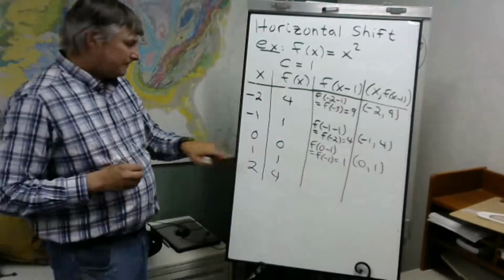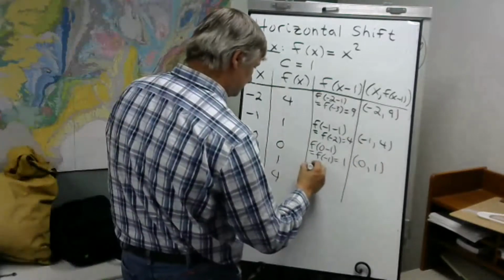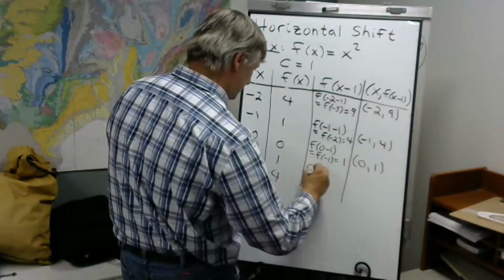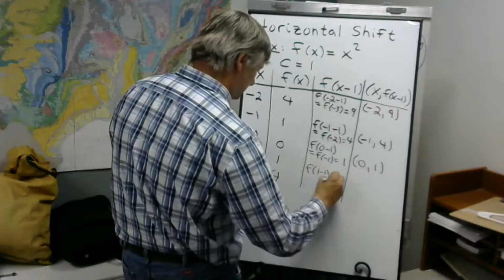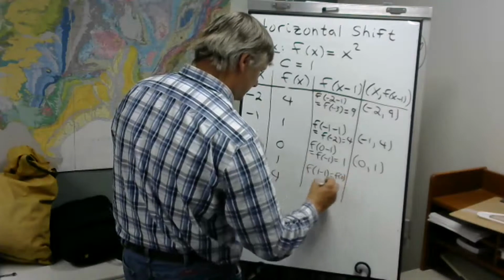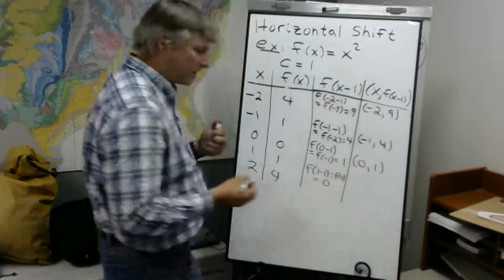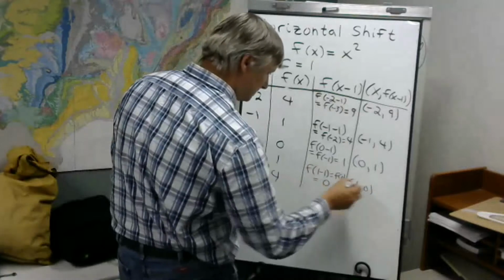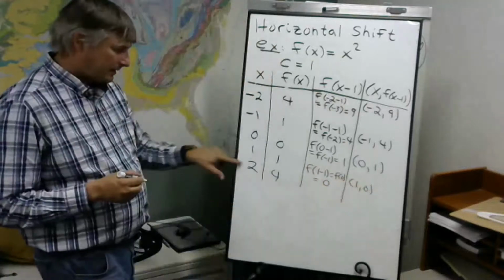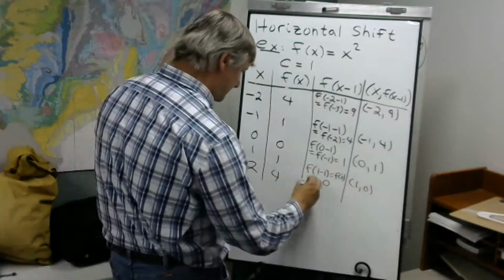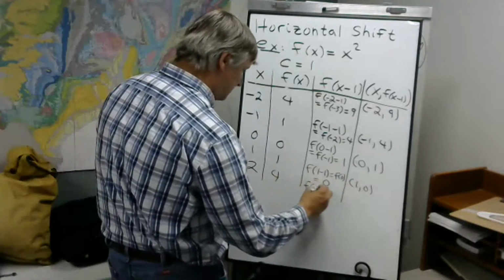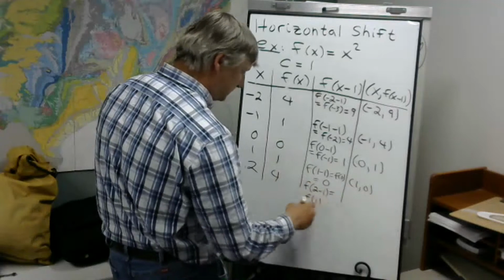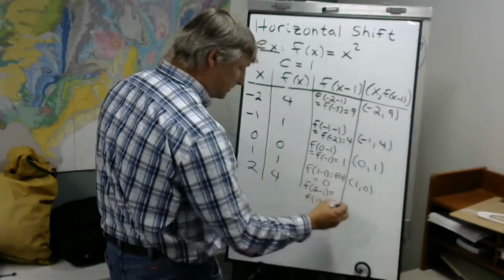So for x is 1, f of 1 minus 1, or f of 0, which is 0. Square 0, you get 0. And this one, f of 2 minus 1, which will be f of 1, square 1, you get 1.